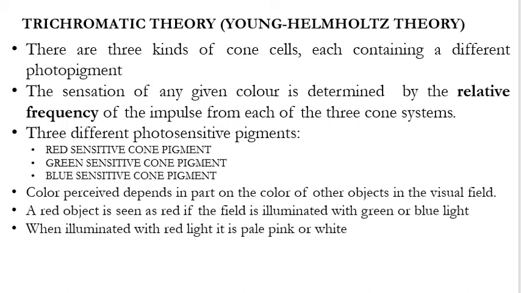When that object reflects light towards you, it will stimulate blue, green, and red cones. Once those are stimulated, they will be stimulated in a relative way, and the combination of this is what you're going to view as the color of that particular thing. So when you look at one object, it's reflecting different combinations compared to another object.